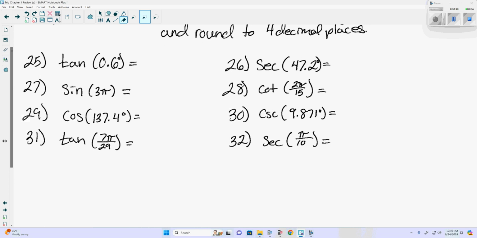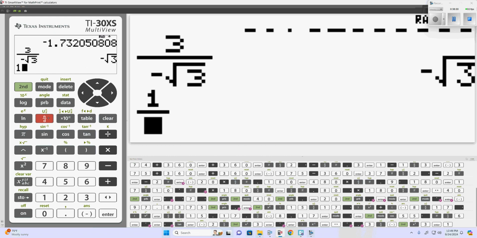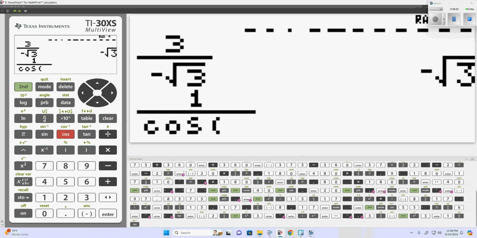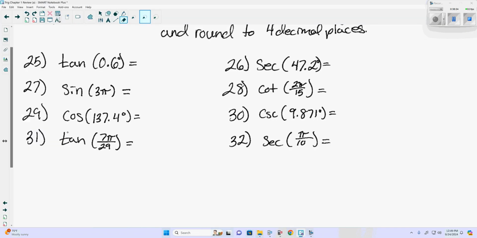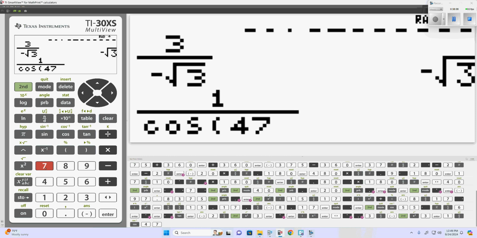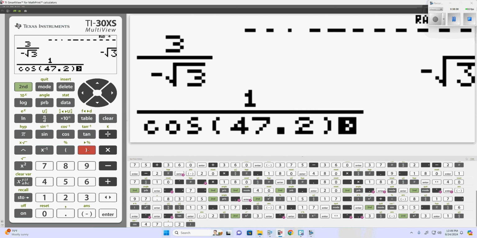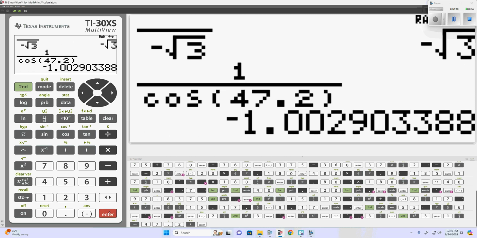Tangent, sine, cosine, 25, 27, 29, 31, I think y'all feel comfortable with. Secant. Secant's 1 over what? So 1 over cosine of our angle. And the correct answer is not negative 1.0029.